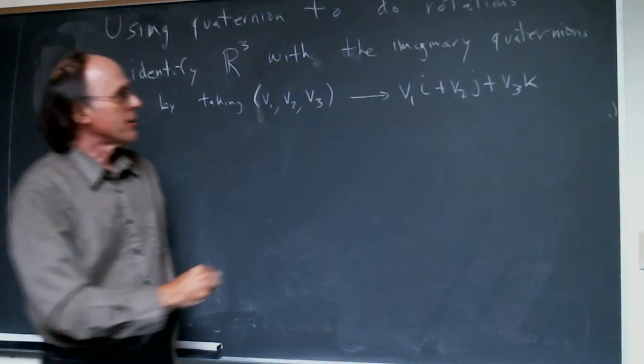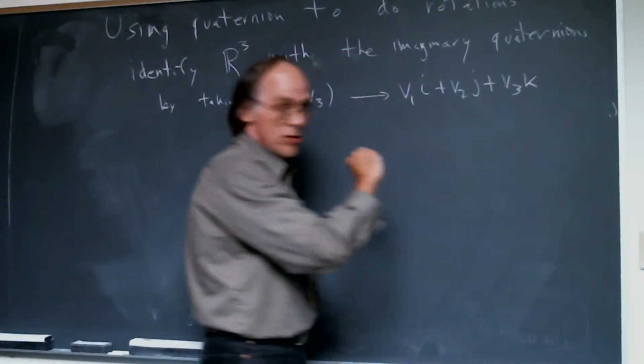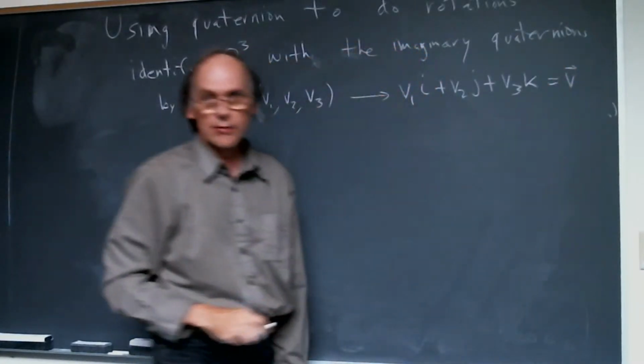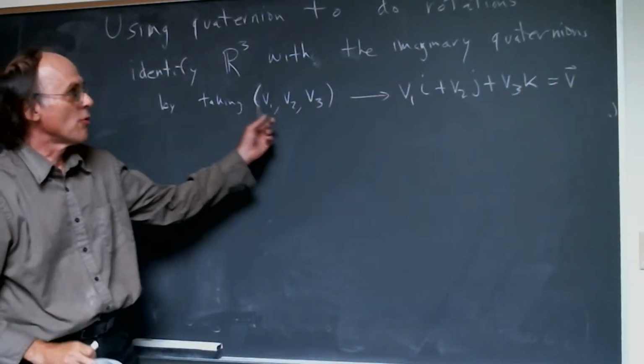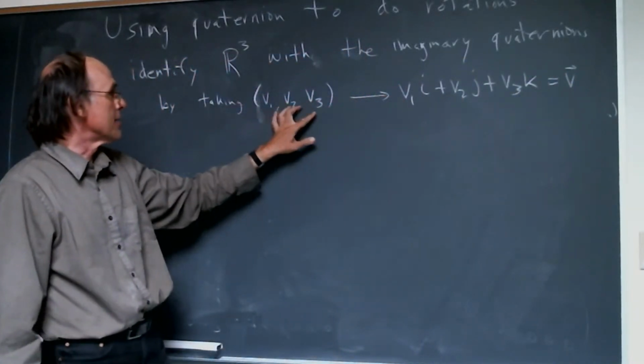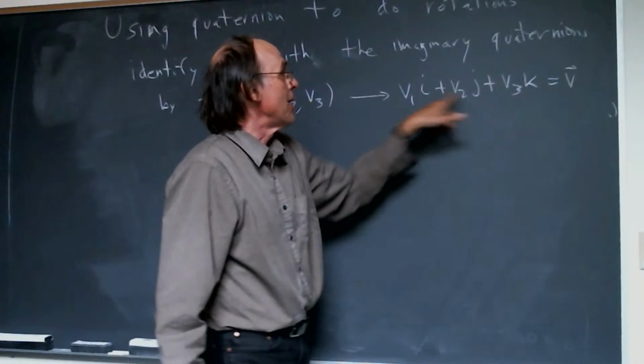To follow the notation I'm using in my notes, I'll write this with a standard vector symbol. So when you see a little vector symbol here, it means I'm thinking of it as an imaginary quaternion.